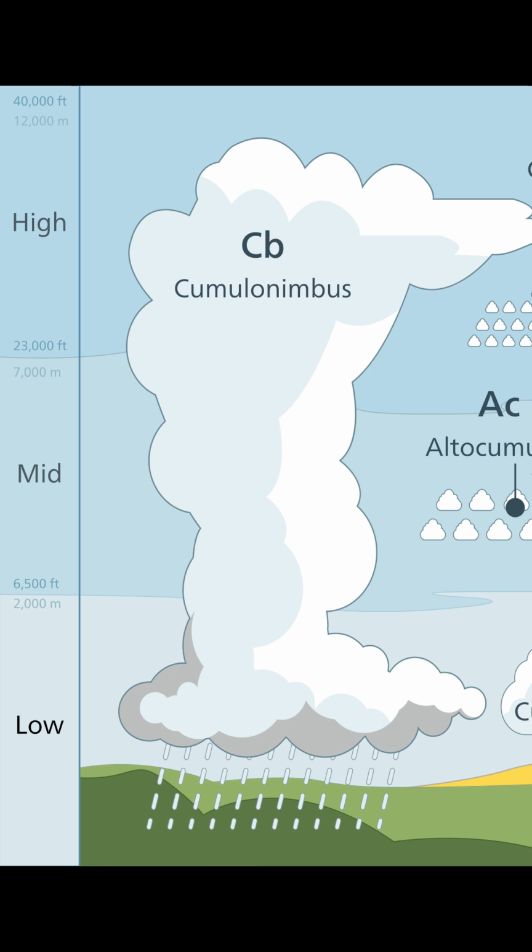You have the low clouds, the mid-level clouds, and the high clouds. The low clouds stretch from the surface until 2,000 meters or 6,500 feet. After that follow the mid-level clouds up to 7,000 meters or 23,000 feet. And after that the high clouds, which go up to 12,000 meters or 40,000 feet.